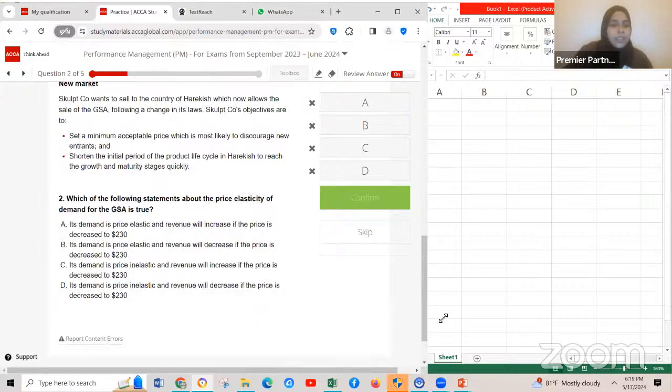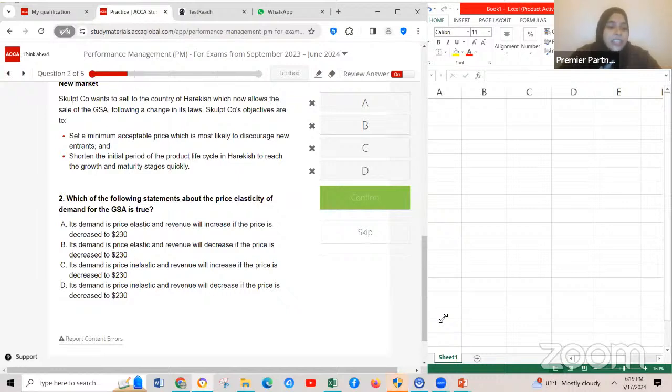Now, read this. Which of the following statements about the PED of GSA is true? Its demand is price elastic and the revenue will increase if the price is decreased to 230. Its price inelastic, and if you reduce the price, will the revenue increase? Think of it.